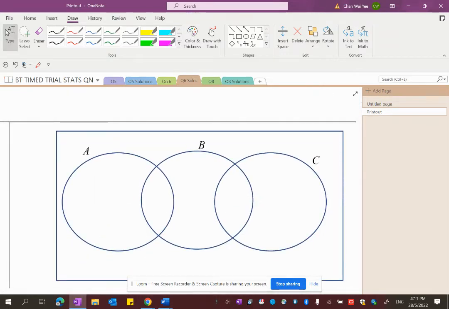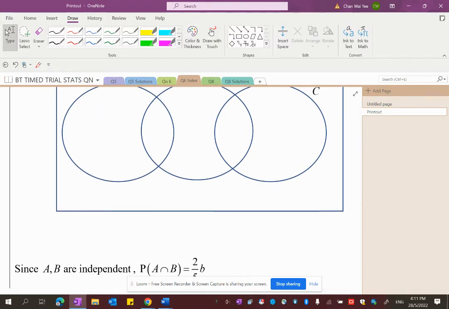First thing is, we know that A and C are mutually exclusive. This is one piece of information that is still true. So A and C will not overlap. Then furthermore, we also know that 1 minus P(A union B union C) is 1/10.